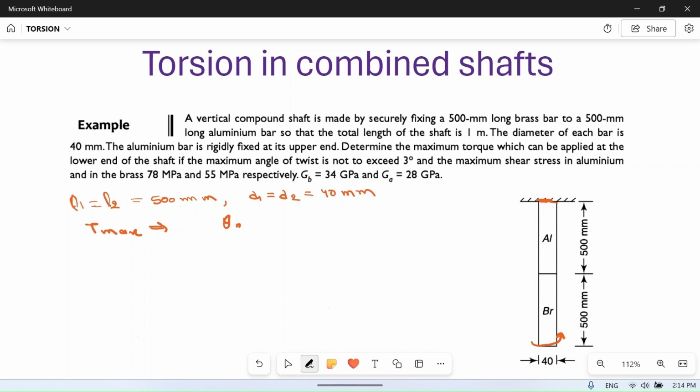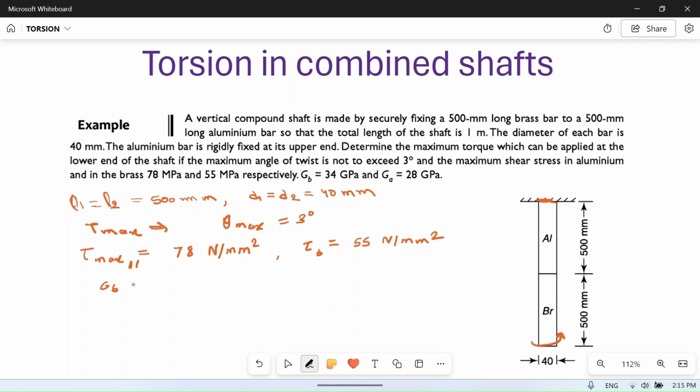So theta max is equal to 3 degrees, and the maximum shear stress in the aluminium and brass is tau max is equal to, in aluminium, 78 megapascal or Newton per mm square, and tau brass is 55 megapascal or Newton per mm square.